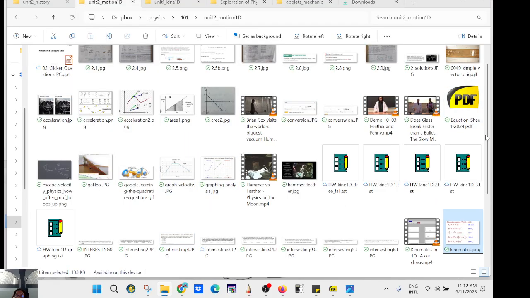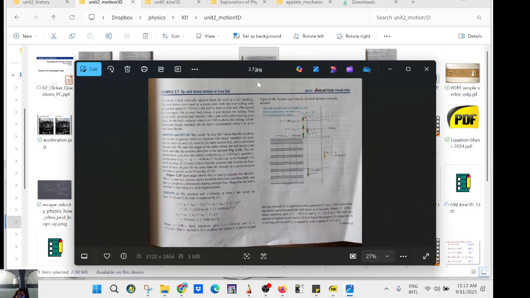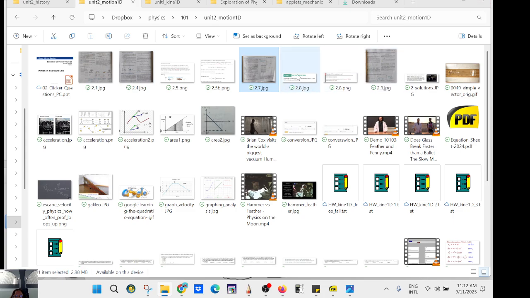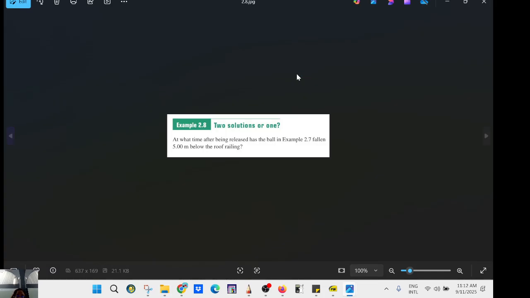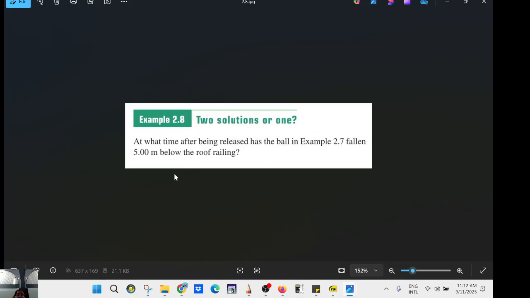Okay, so I took a picture. I'm not supposed to, maybe, but you see, it's from the book, and they make a drawing here, and they discuss. So it says, at what time has the ball fallen 5 meters below the roof railing?